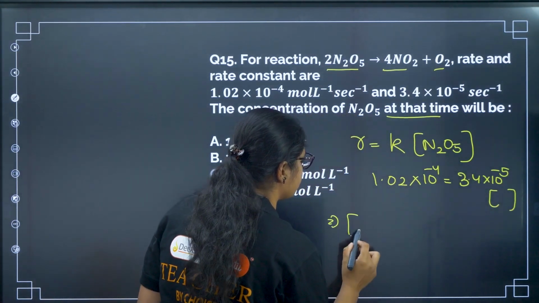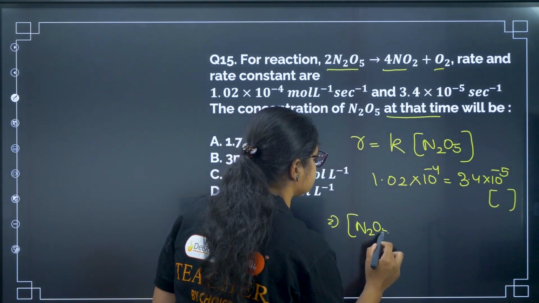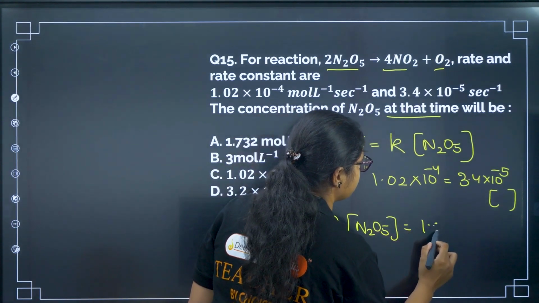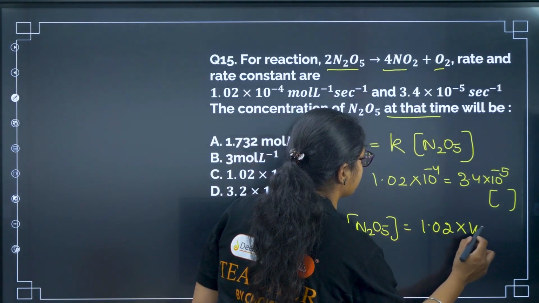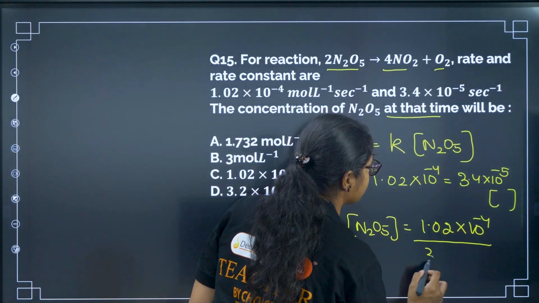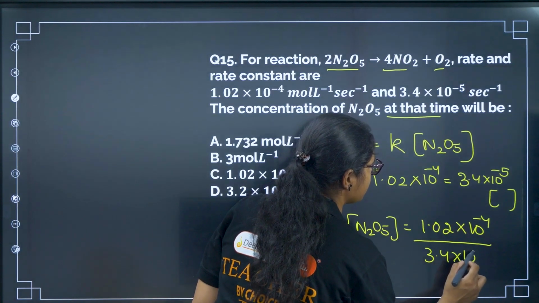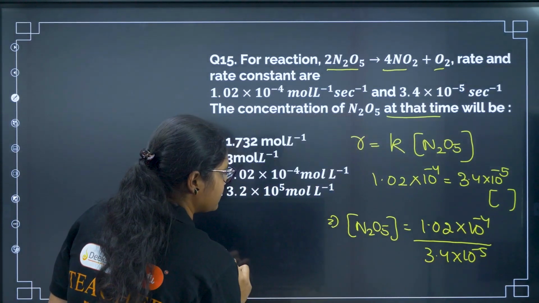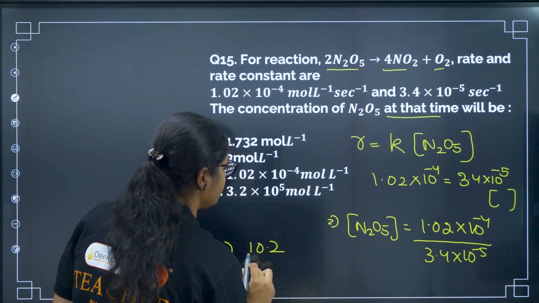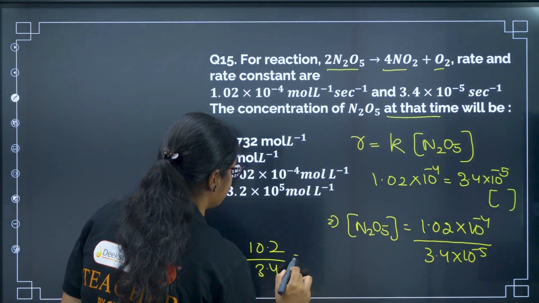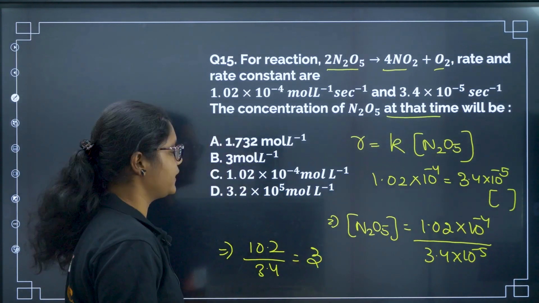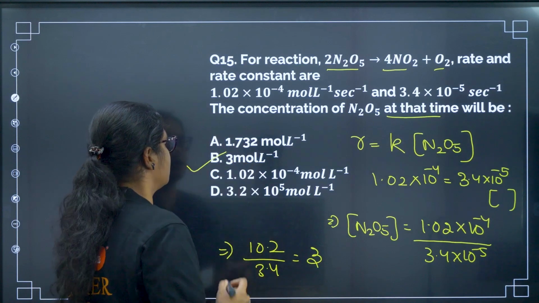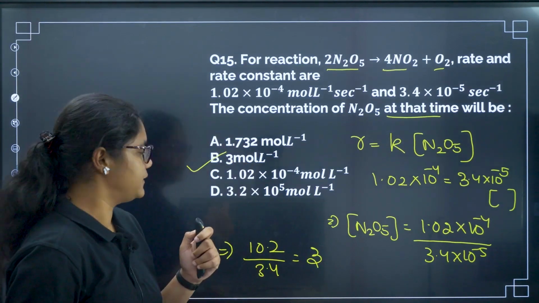Now if I want to calculate only concentration, then divide 1.02 into 10 to the power of minus 4 by 3.4 into 10 to the power of minus 5. So if you check, this calculation will get 10.2 by 3.4, which is nothing but equal to 3, right? So the correct answer for this question is 3 moles per liter.